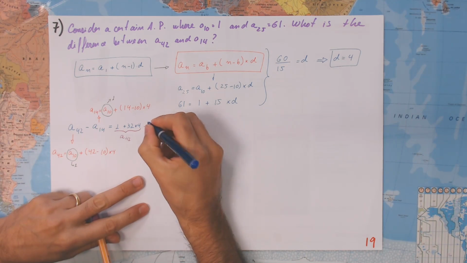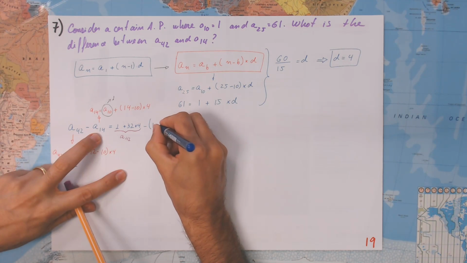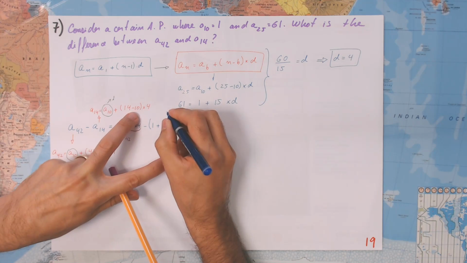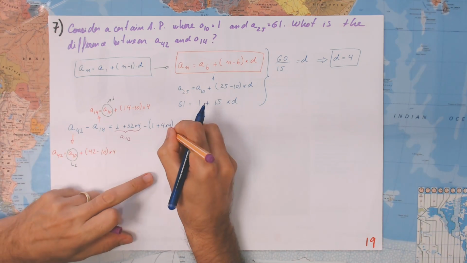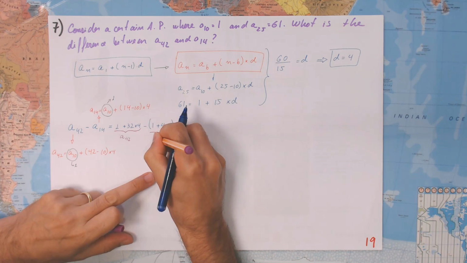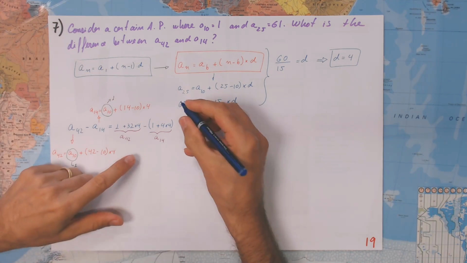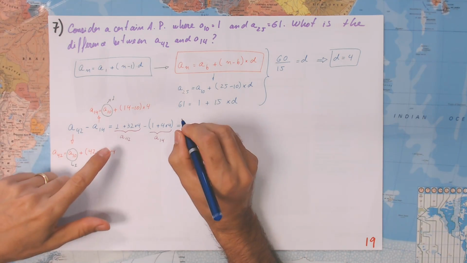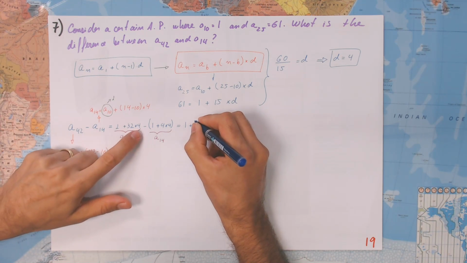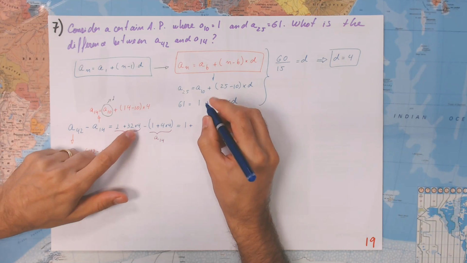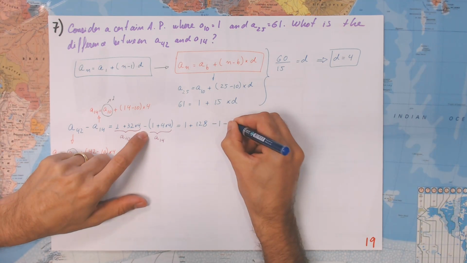Now, minus, what is a14? It is going to be 1 plus 14 minus 10, which is 4, times 4. And this, again, is going to be our a14. We just have numbers in here, see? Very simple. Now, what is this going to be? 1 plus 4 times 32, that is 128, minus 1 minus 16.